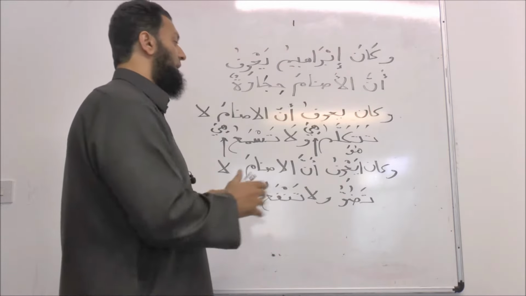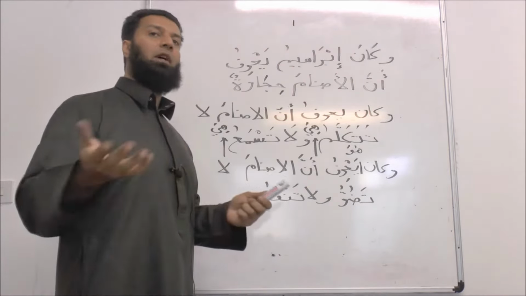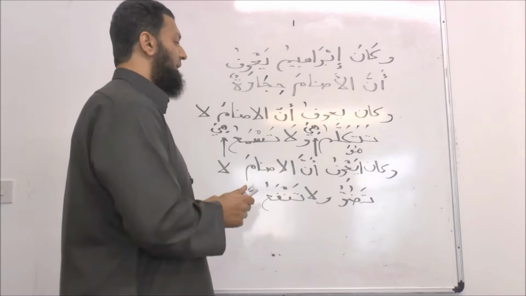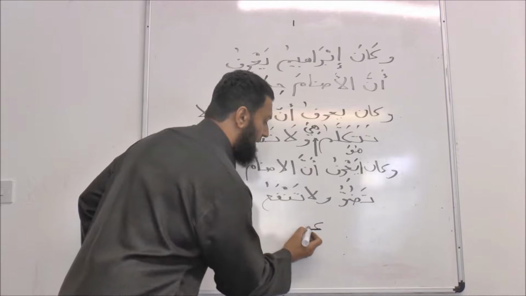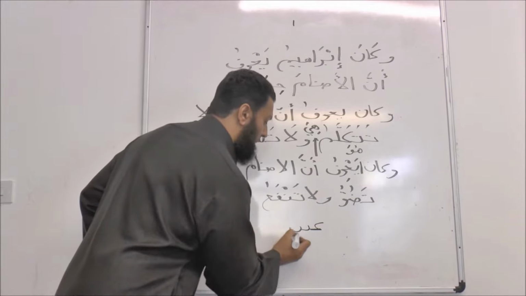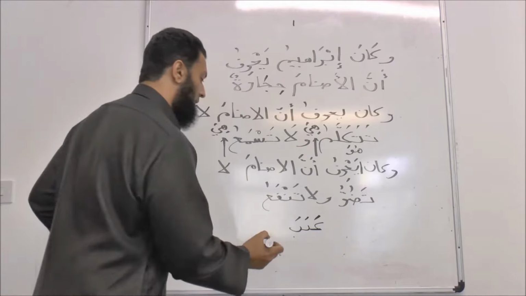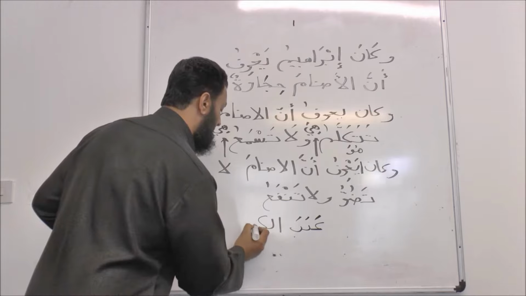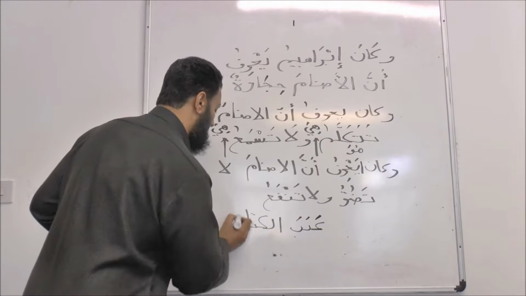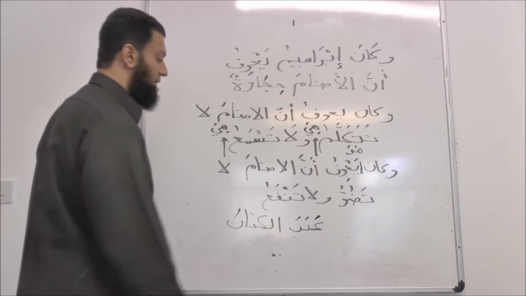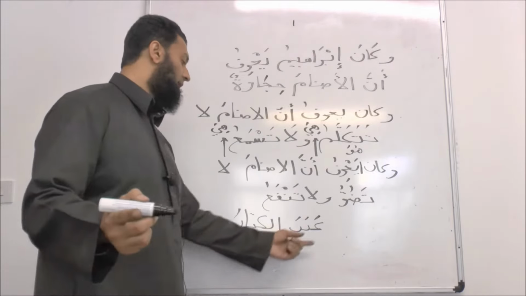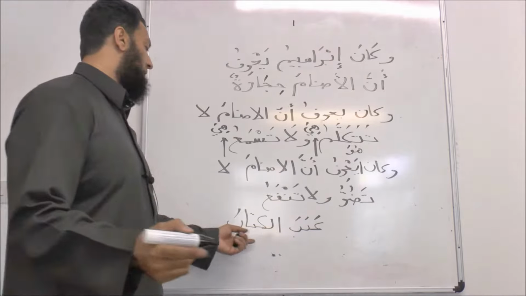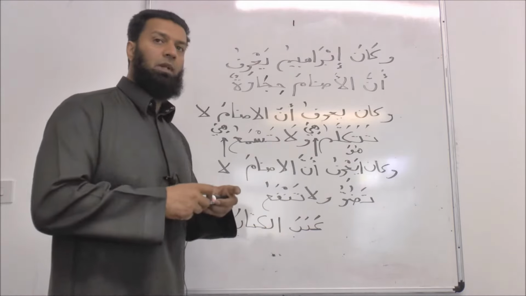it's just like a normal verb, in the sense that if we have a normal verb such as kataba, or a standard sentence to illustrate al-jumla al-fi'liya, kataba al-kitaba, he wrote the book, right?